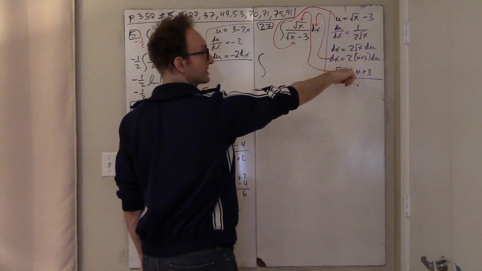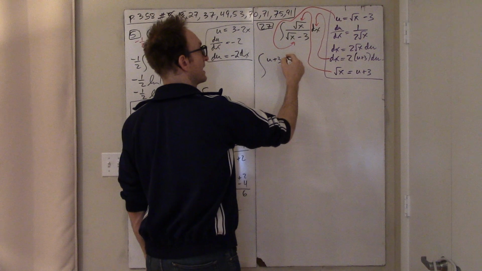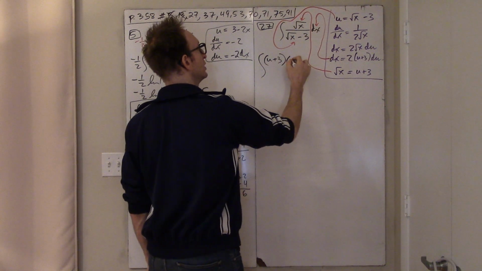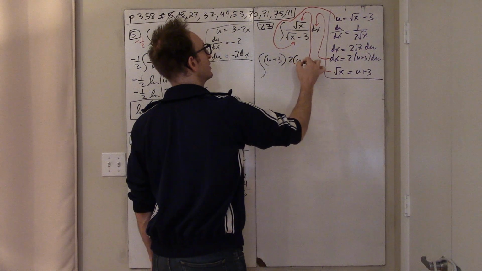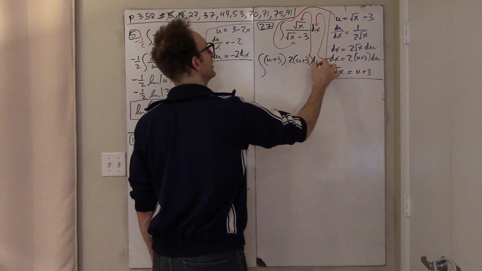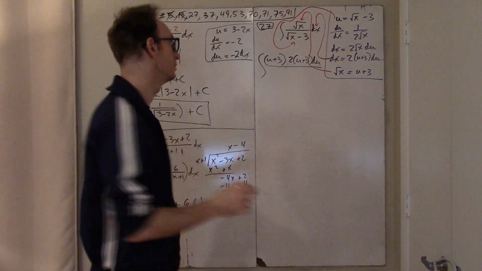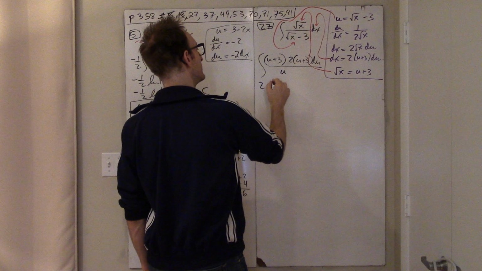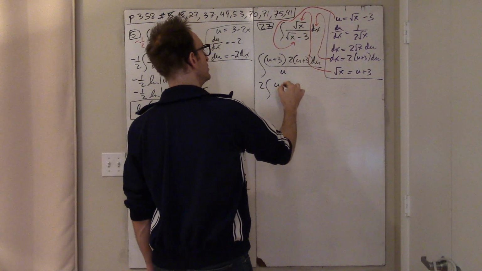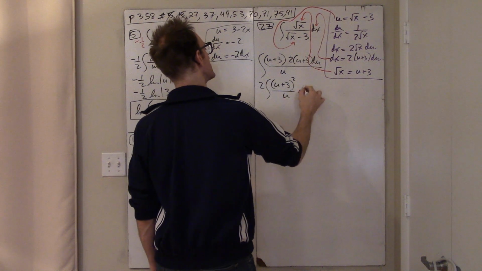Root x times dx is 2 times u plus 3 du, and the bottom becomes just u. So this problem now becomes 2 times u plus 3 squared over u du.